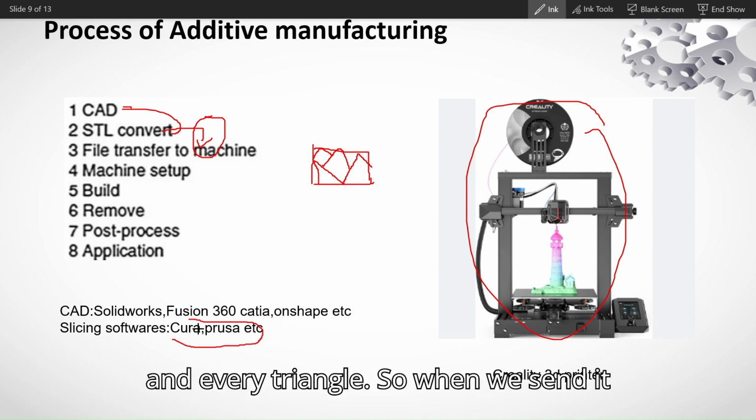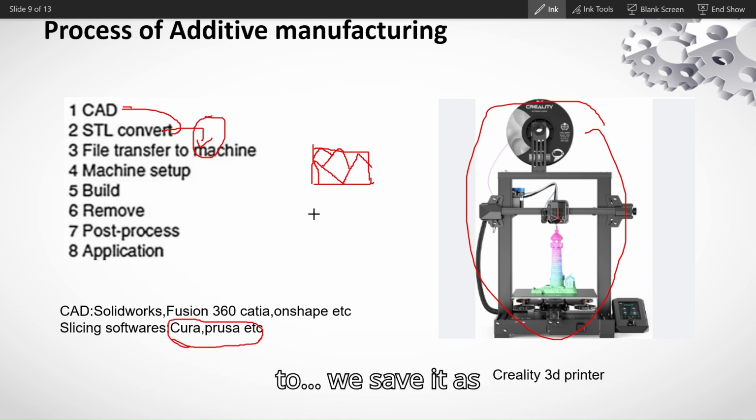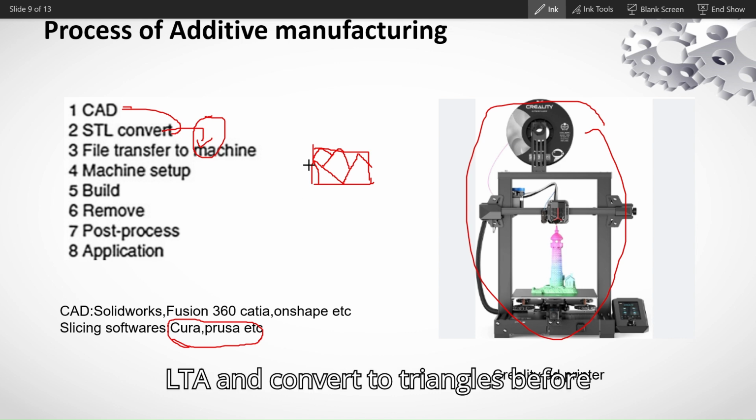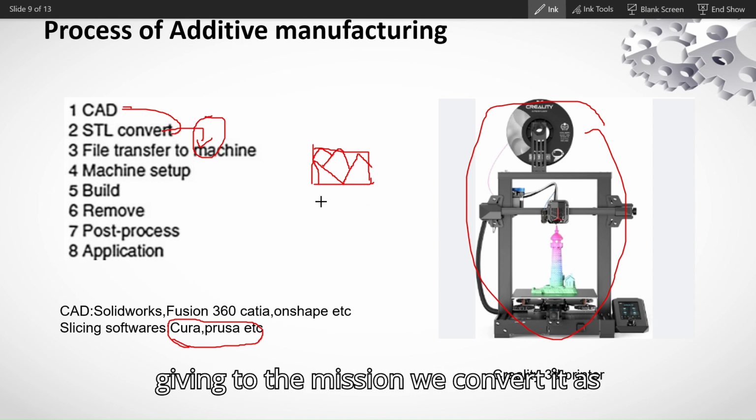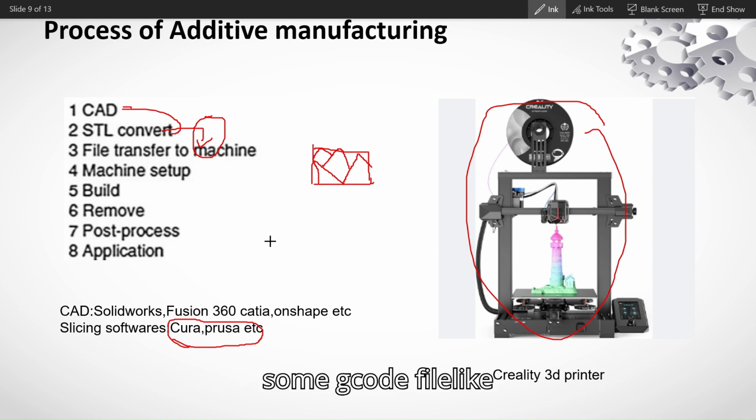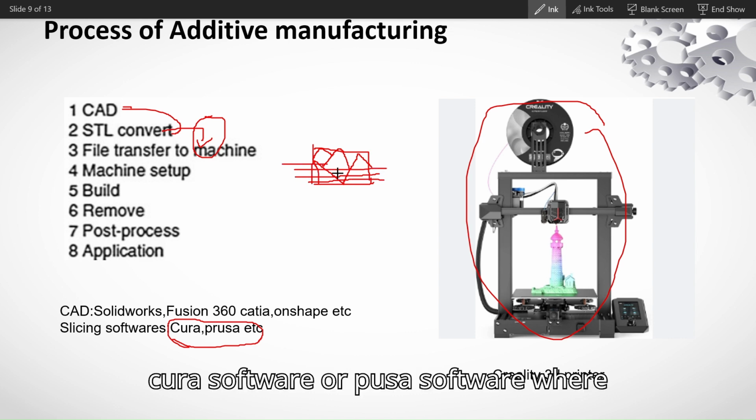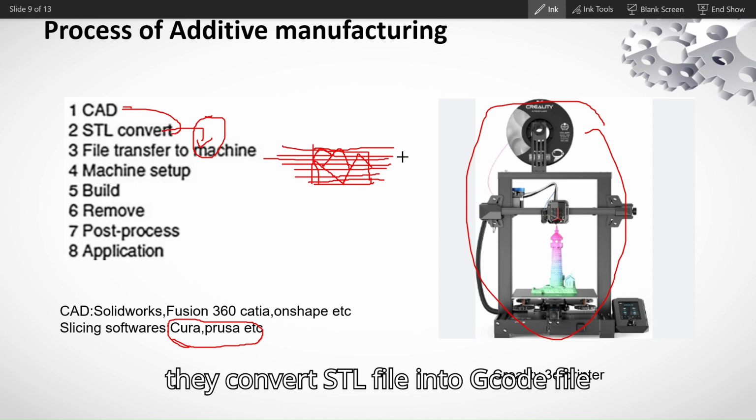Before giving it to the machine, we convert it to a G-code file, so we use some Cura software or Prusa software, where they convert the STL file into a G-code file.